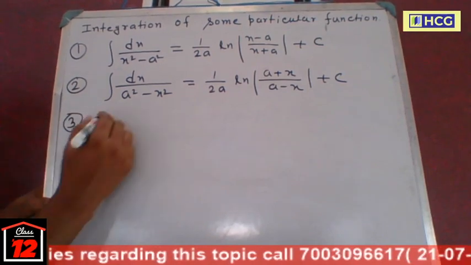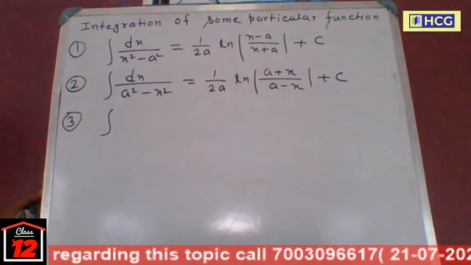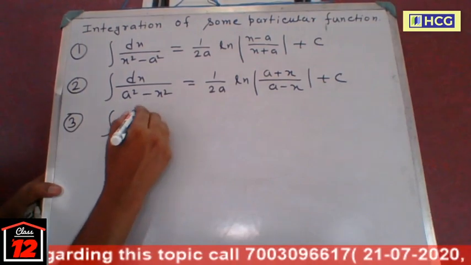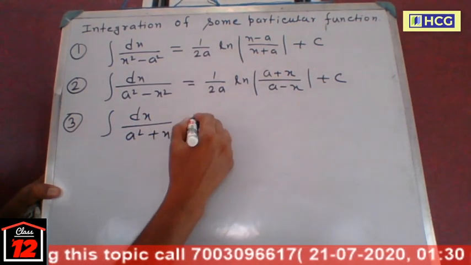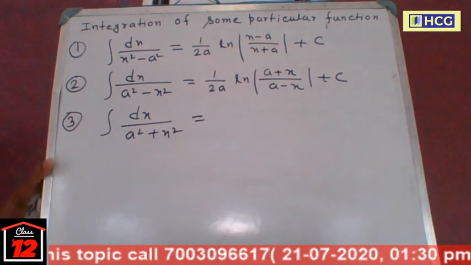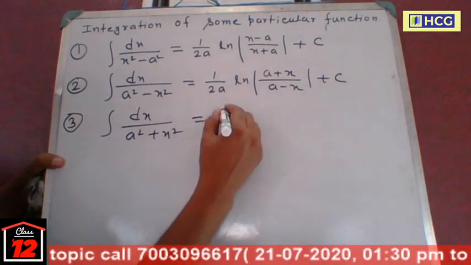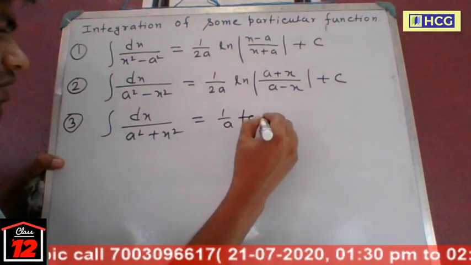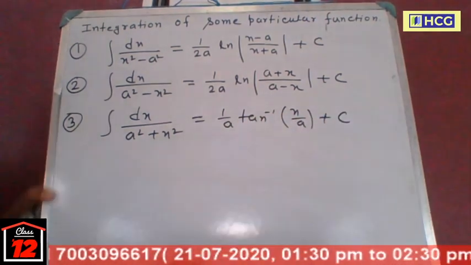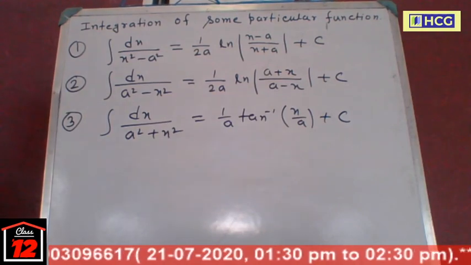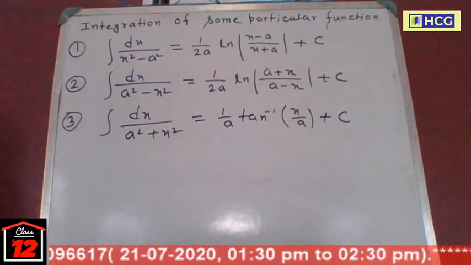Formula number 3: integration dx by a square plus x square. Now this is equal to 1 by a tan inverse x by a plus integration constant, indefinite integral, so this is an integration constant.